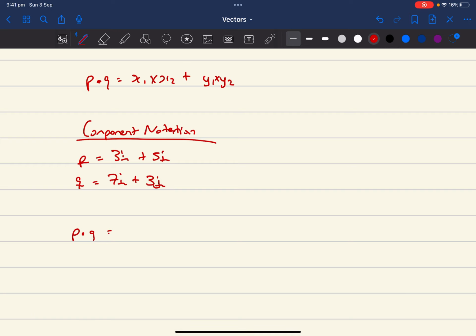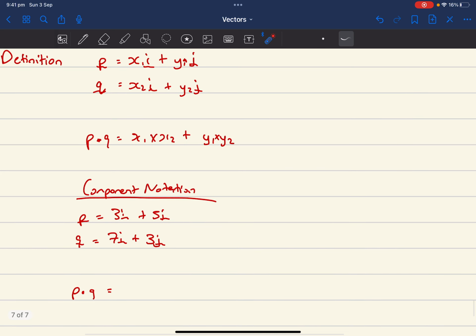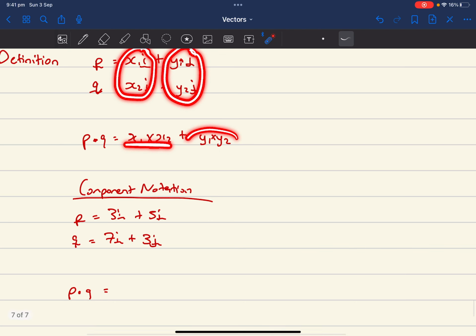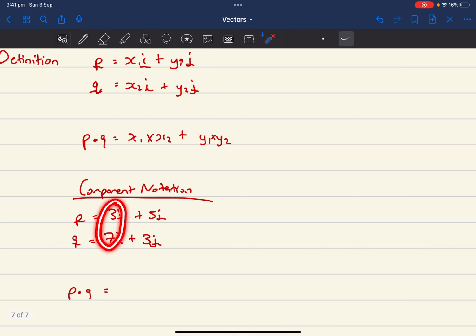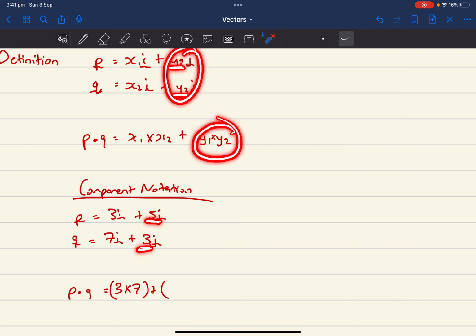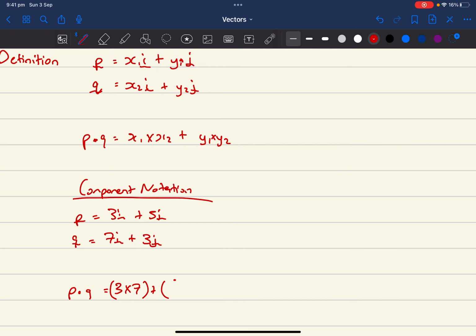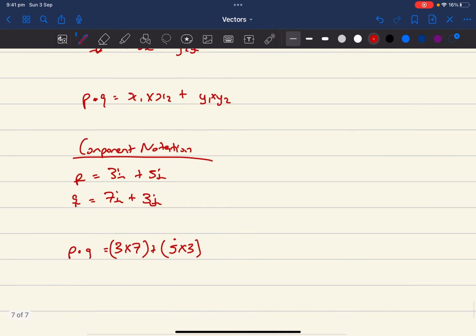If I wanted to find the dot product, I can times these two x components, x1 times x2, y1 times y2, right? So it's simply just 3 times 7. And then you times the two j coordinates together, or the y coordinates, right? So 5 times 3, as you can see. It's that simple, right? So 21 plus 15, your dot product will be 36.